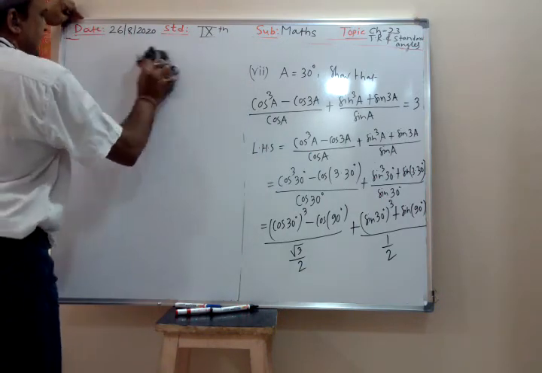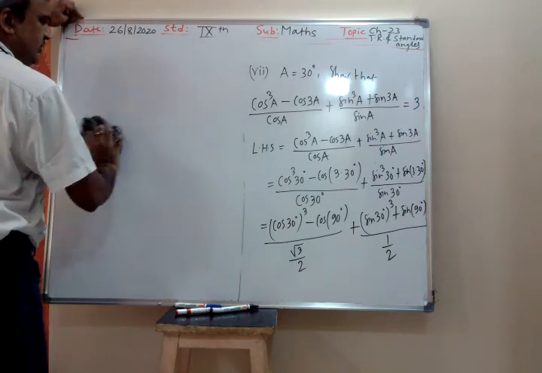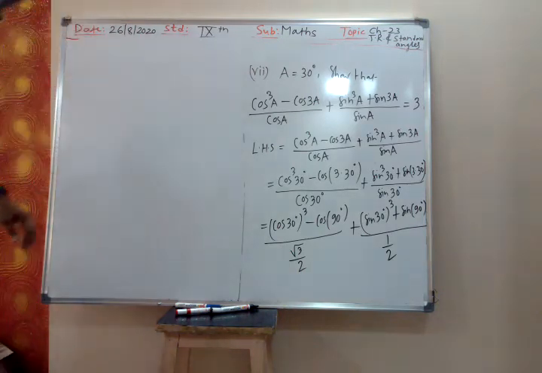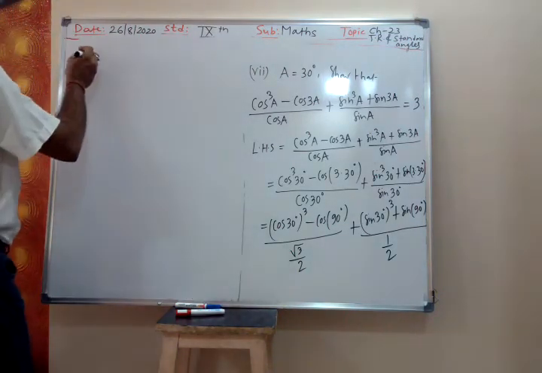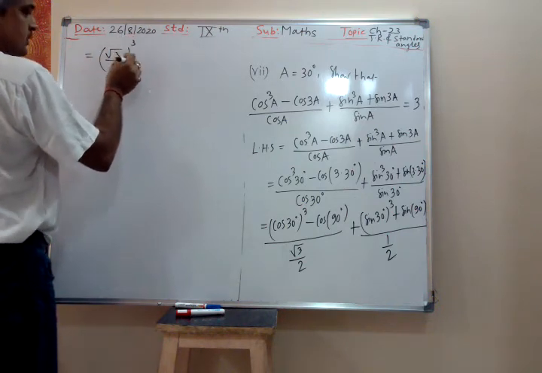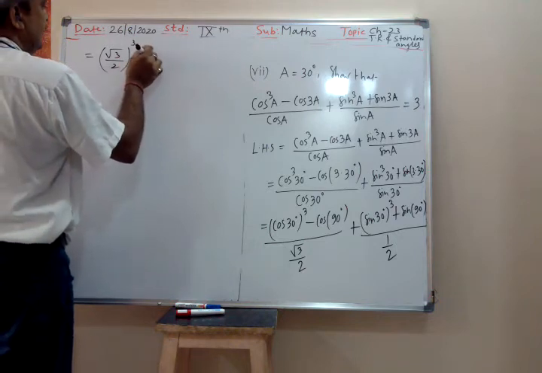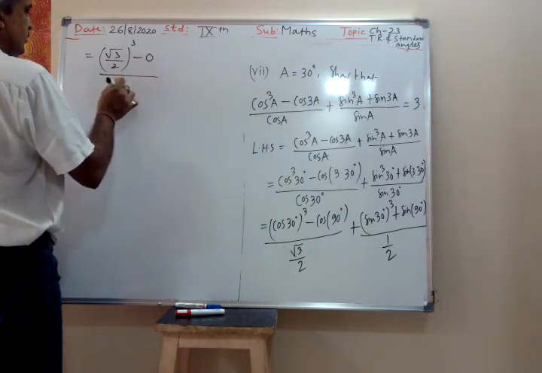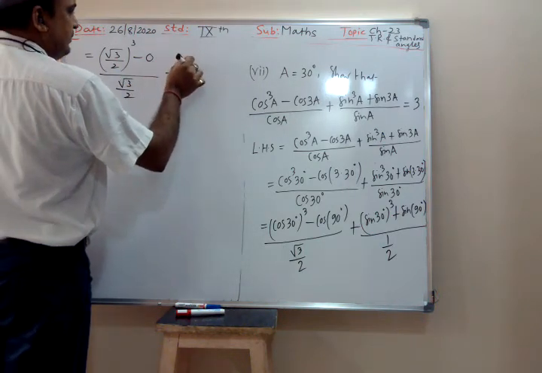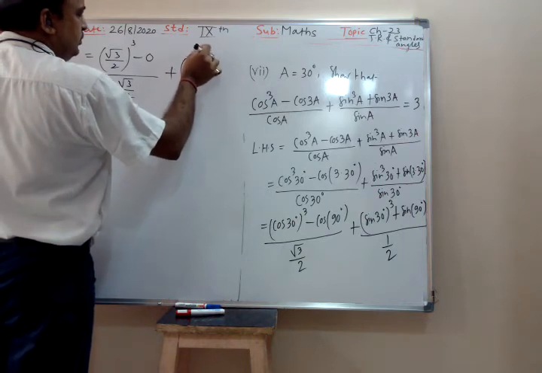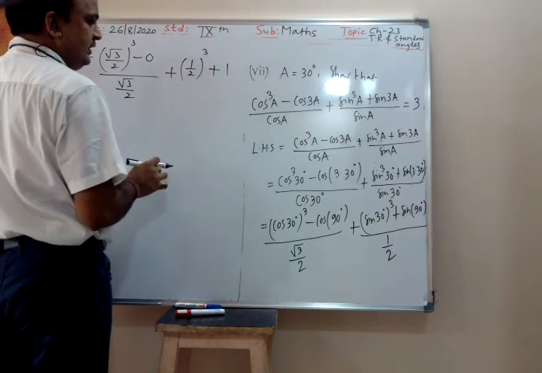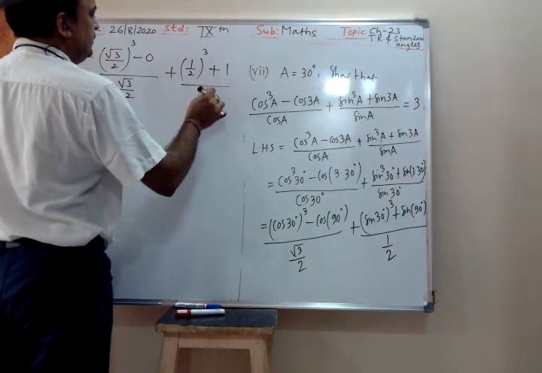See how big the question is. We should not worry about that. We should only be perfect in the calculation. So that will be root 3 by 2 cube, minus cos 90 degrees, which is 0, upon root 3 by 2, plus sin 30 degrees is 1 by 2, 1 by 2 cube, plus sin 90 degrees is 1, upon 1 by 2.